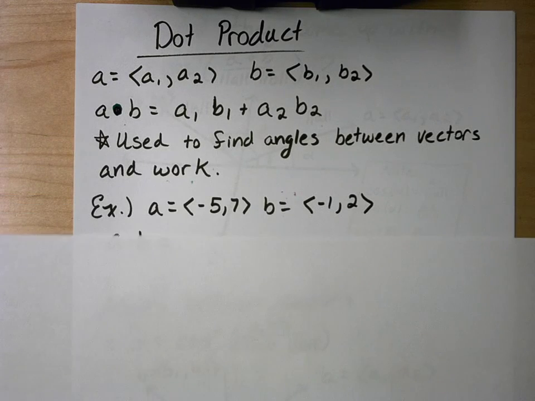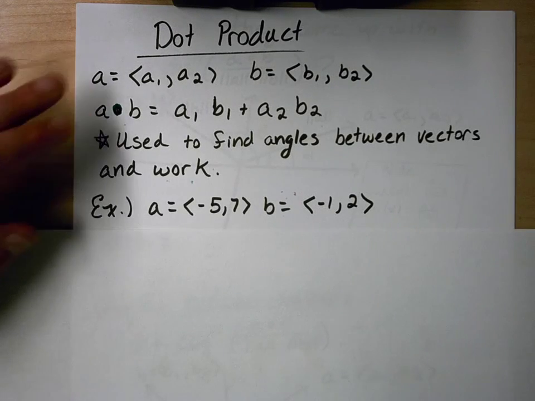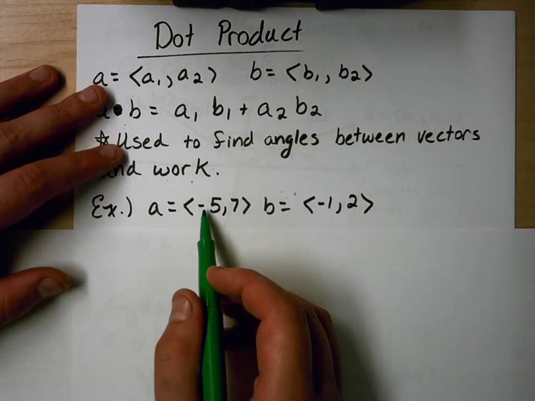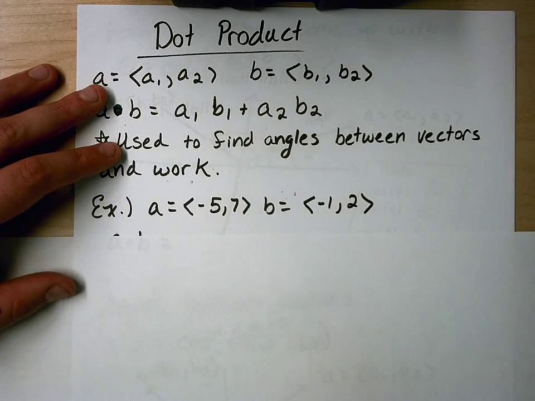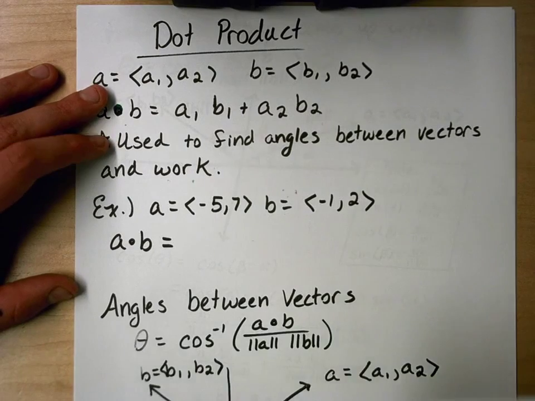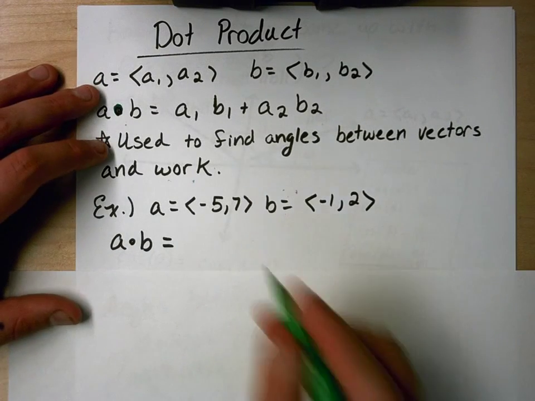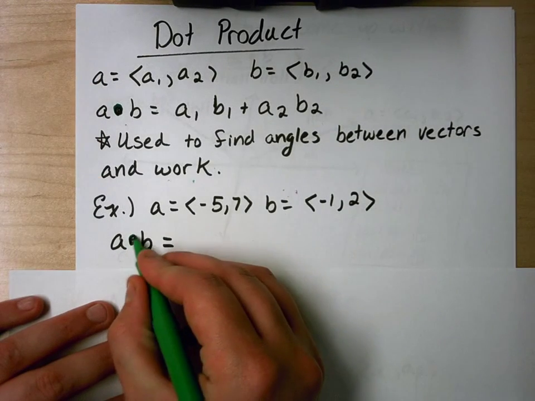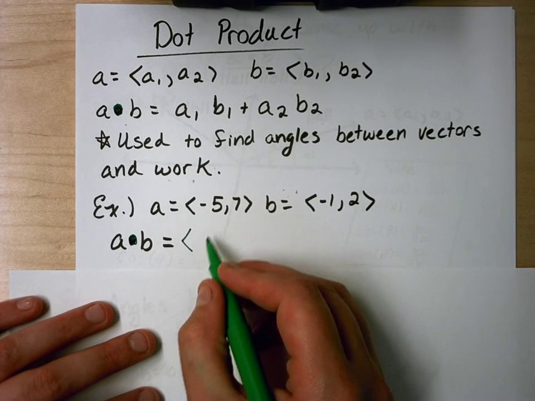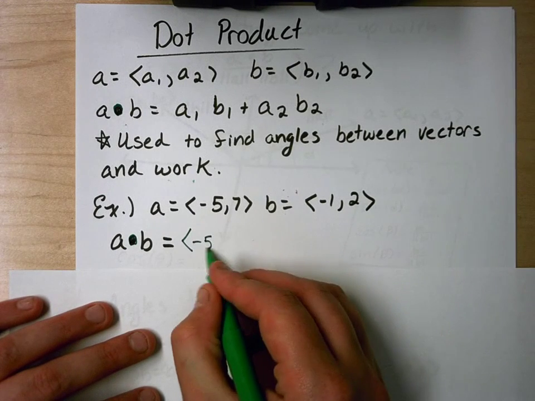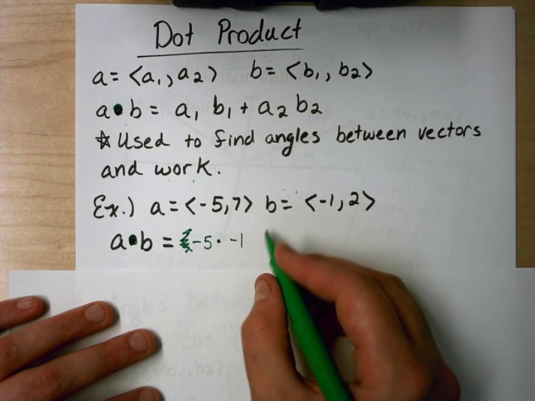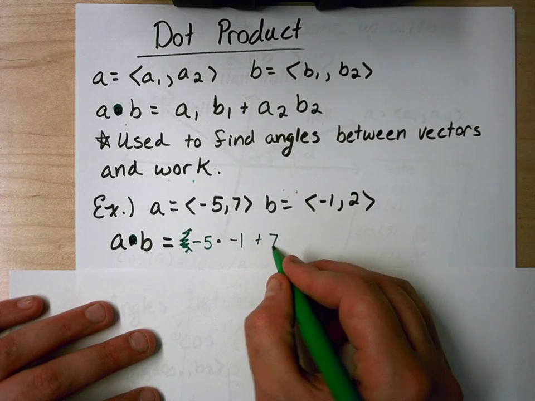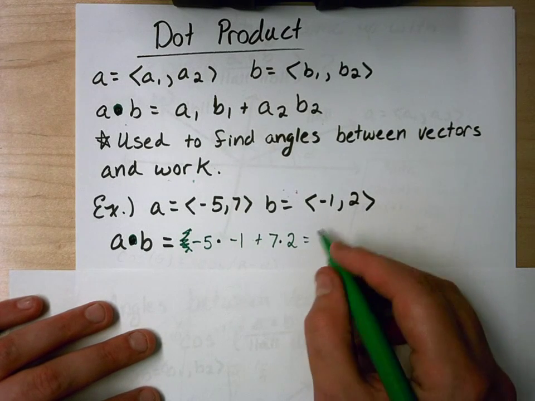Okay, so let's do an example. Let's say that we have A equals -5 and 7, and B equals -1, 2. Then A dot B, not A times B, is going to equal -5 times -1 plus 7 times 2, right?